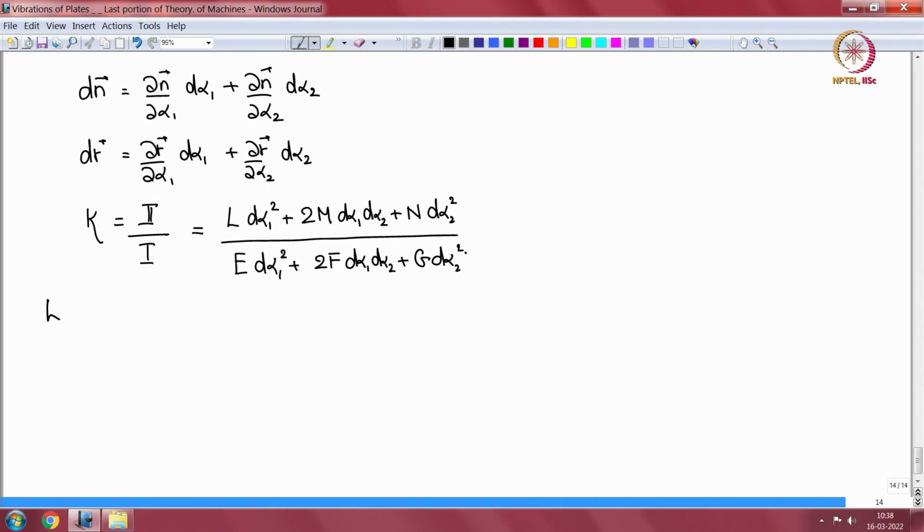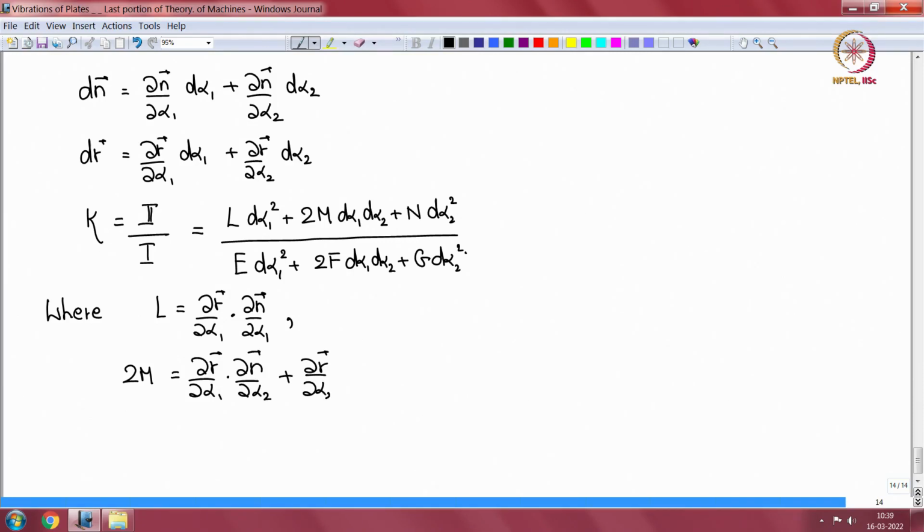Where now L is equal to del r by del alpha 1 dotted with del n by del alpha 1, then twice m is del r by del alpha 1 dotted with del n by del alpha 2 plus del r by del alpha 2 dotted with del n by del alpha 1, and n is equal to del r by del alpha 2 dotted with del n by del alpha 2.